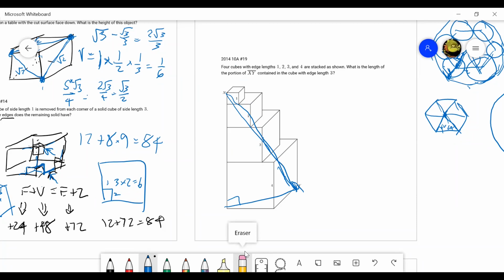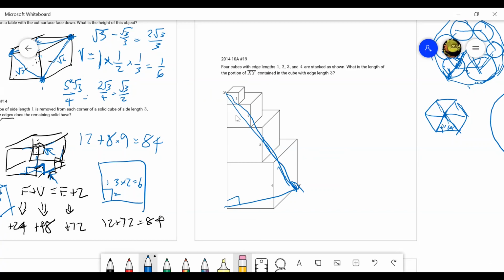So there's not going to be any part of this line that is not inside a cube. I think you can just see from the diagram that this diagonal is going to be completely contained within a cube.